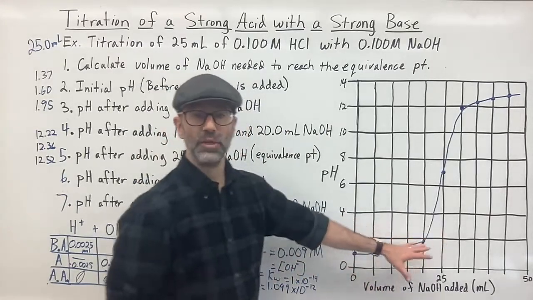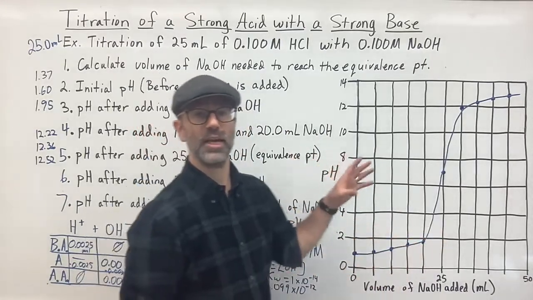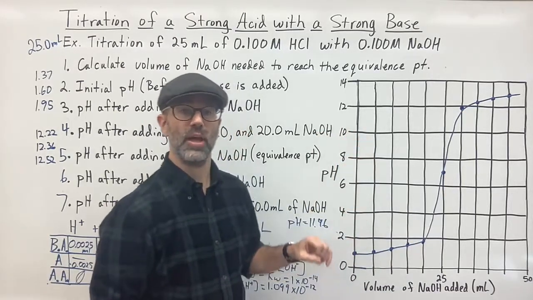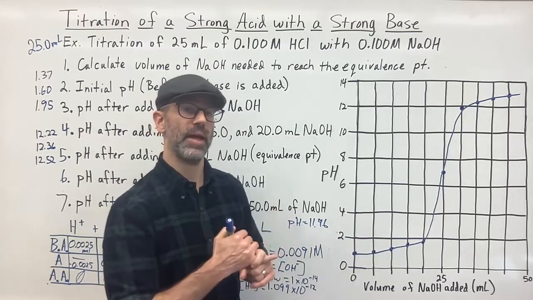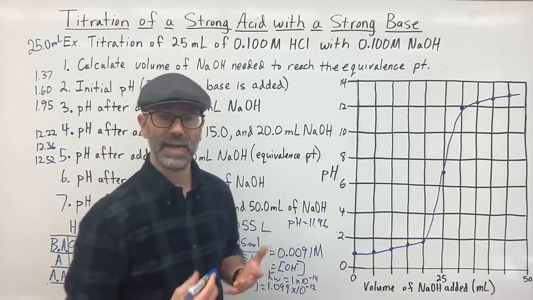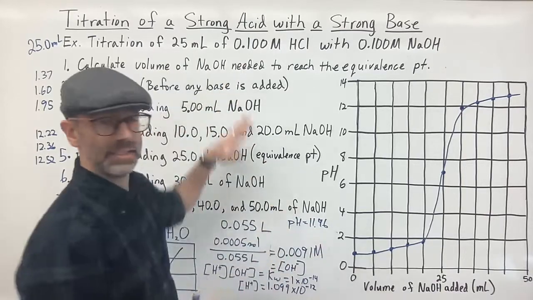And so if this was a different problem, let's say if instead of a strong acid being titrated with a strong base, we had a strong base being titrated with a strong acid, it would be the exact same steps.